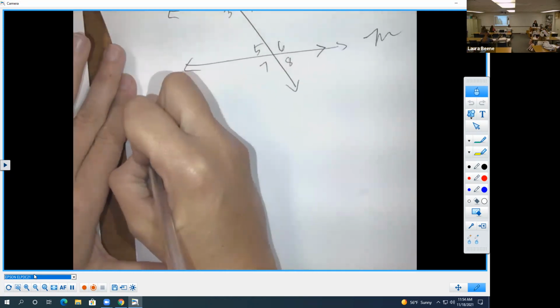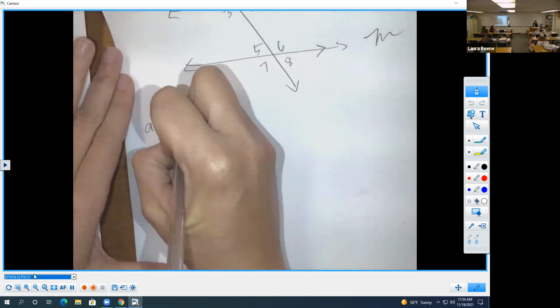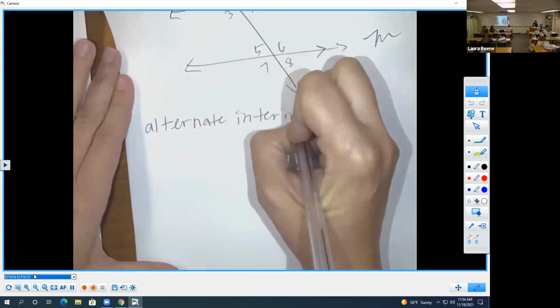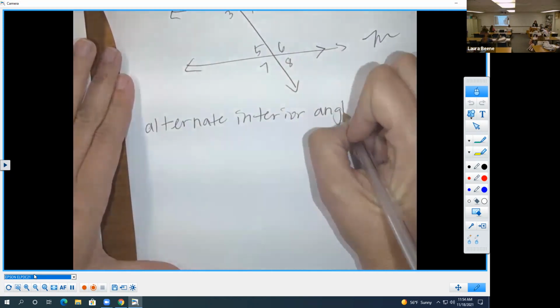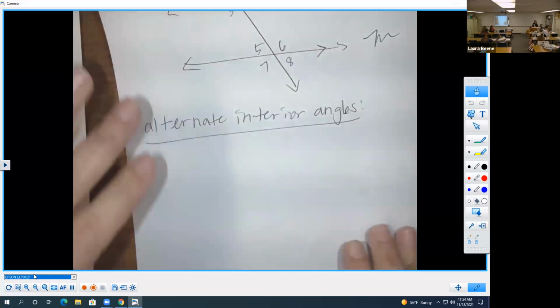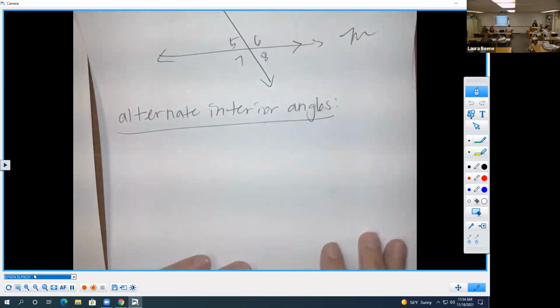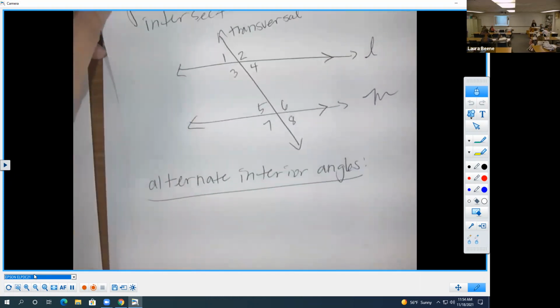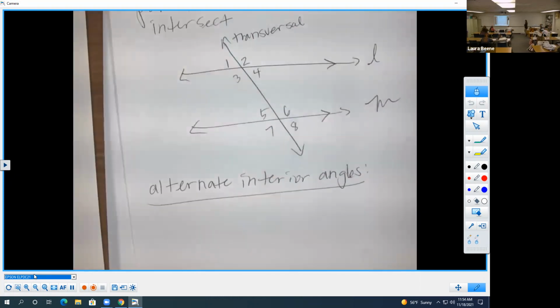Let's first talk about the alternate interior angles. Alternate interior angles. So that's two different words. They're alternating, so they're on opposite sides of the transversal.